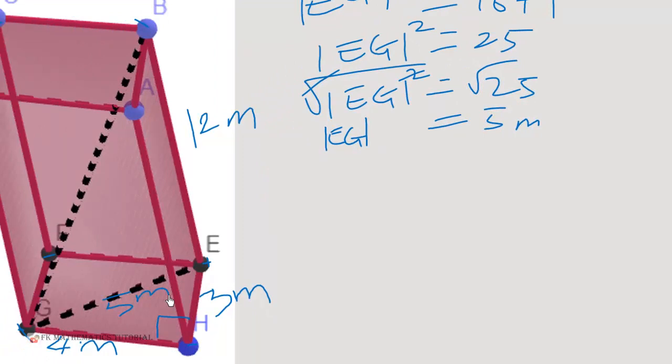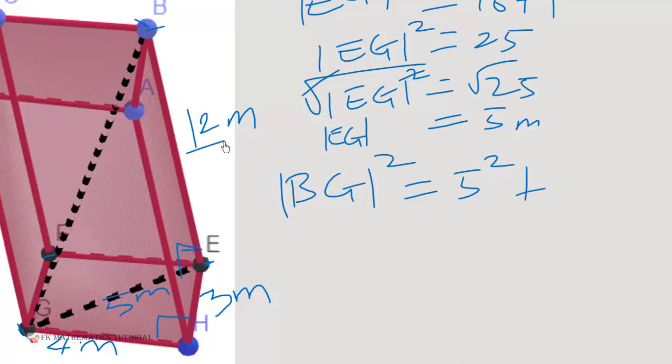So we can use EG now and EB to determine the longest stick, which is BG. So BG squared, which is the length of the longest stick, will be equal to 5 squared plus, because this is also a right angle triangle here, 12 squared. So 5 squared will give us 25.